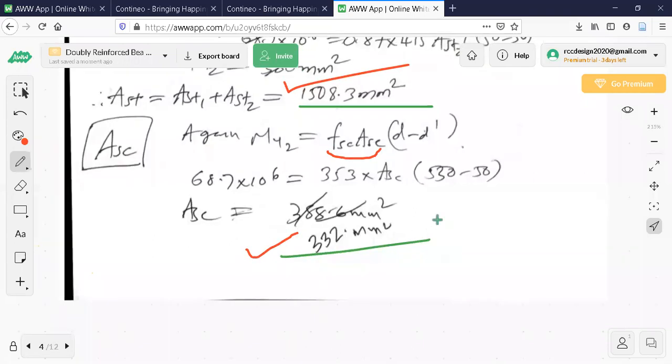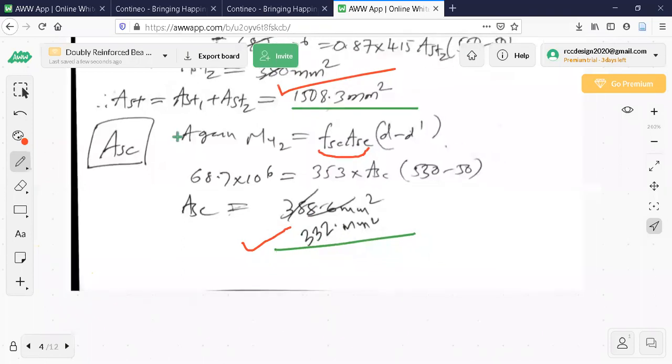Now using SP16, without these calculations, I should find out 1508, very close to this. It will not be exactly this number. And another value ASC, very close to this number. If I can do that, no examiner will object.